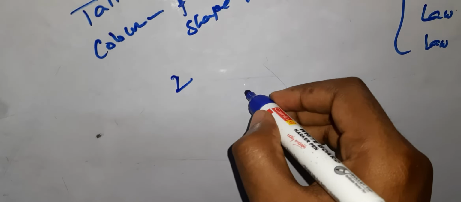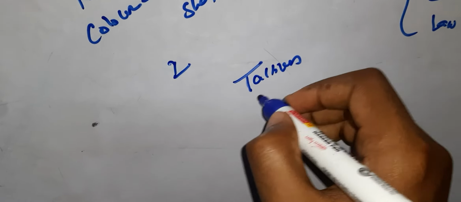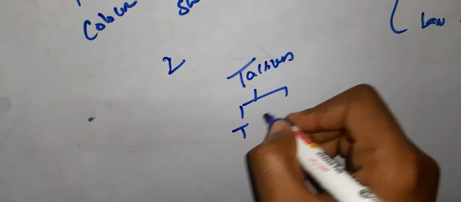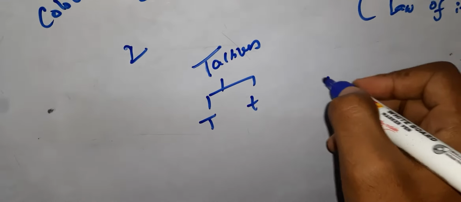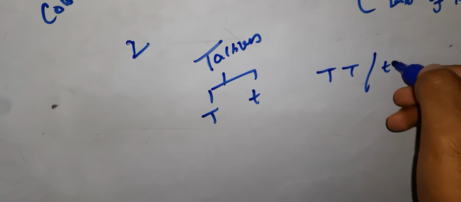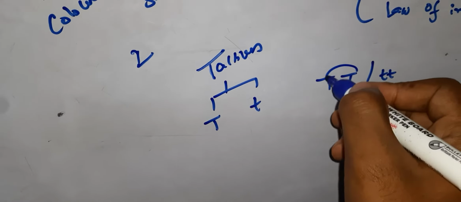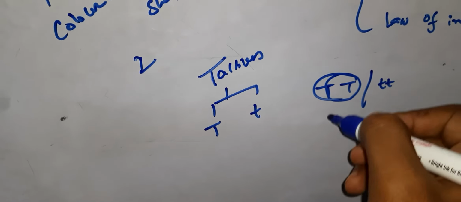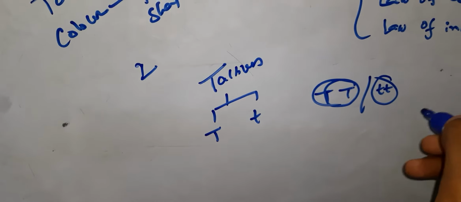For example, the trait tallness can be represented by two alleles, that is capital T and small t. When an organism possesses both the capital T or small t, these are the pure alleles or the pure traits. So, in case of capital T, organism resembles tallness, and in case of small t, organism resembles dwarfness.